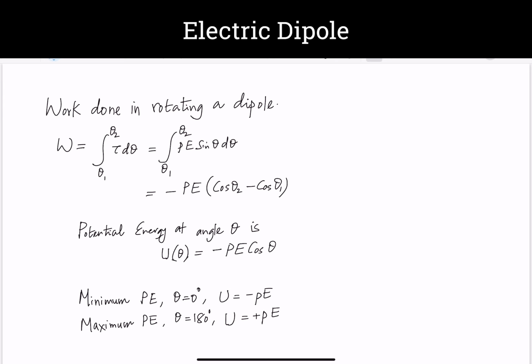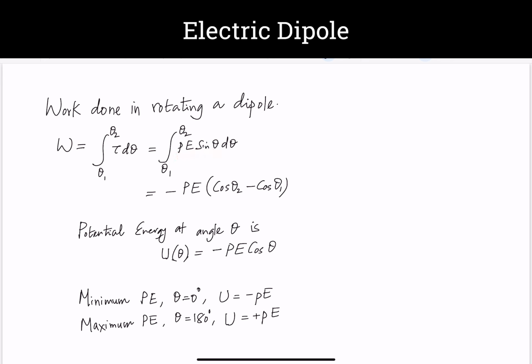Work done is given by the integral of tau d theta, because it's rotation. Instead of force times displacement, which is in linear motion, we have torque multiplied by the angle in rotational motion.